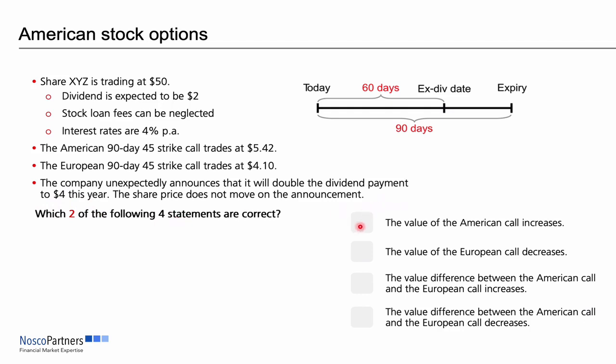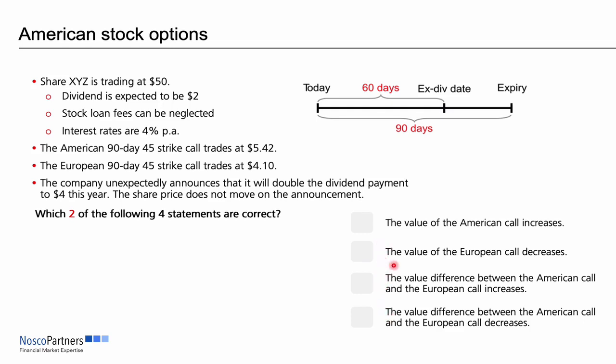Even if you have a question mark here, whether the value goes up or down, even if just a little bit, let's put a question mark here. Then what is certainly true, the value of the European call decreases. This has nothing to do with American options. This is just what we learned about European options. The dividend goes up, the forward goes down, hence the value of the European option decreases. And it decreases by roughly the amount of the dividend.